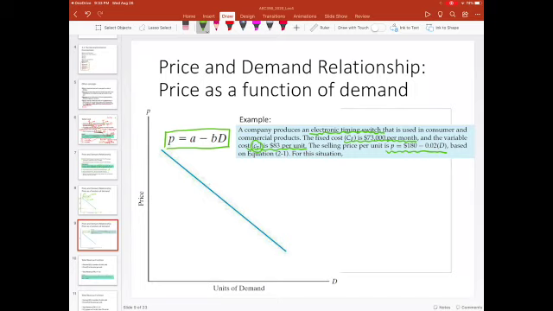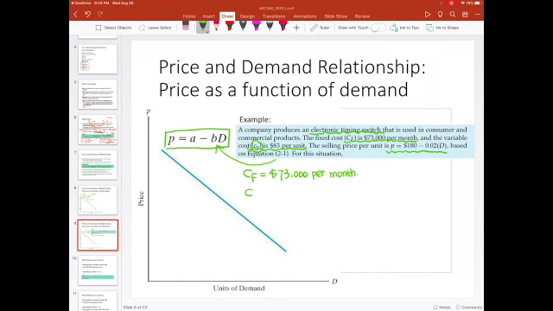Based on this equation, what values or conditions can you get? First, in this statement, we already know that CF is $73,000 per month. So every month your fixed cost is $73,000.